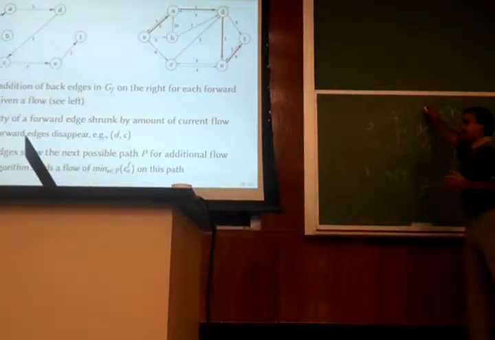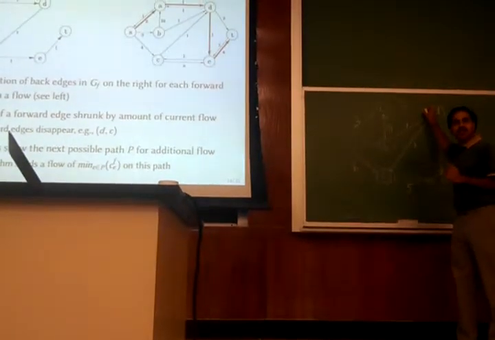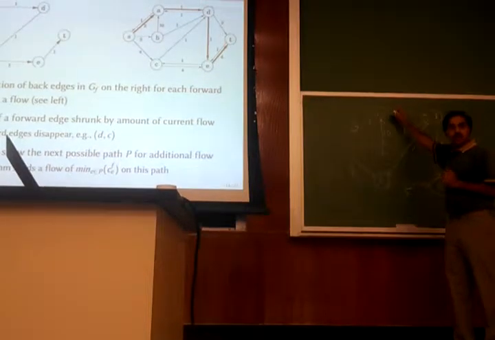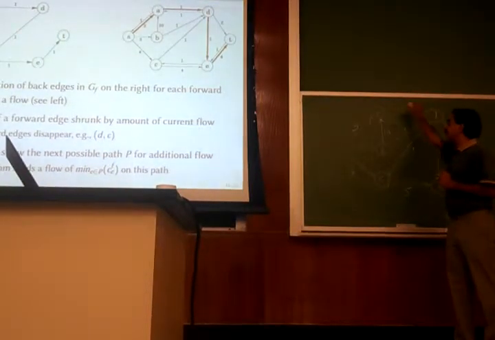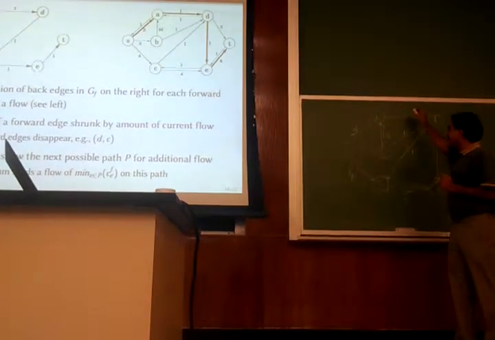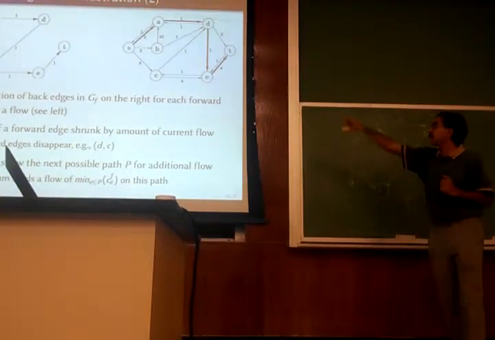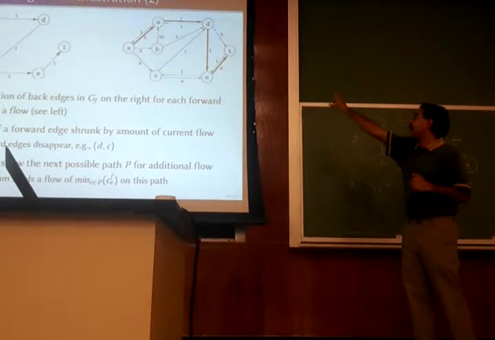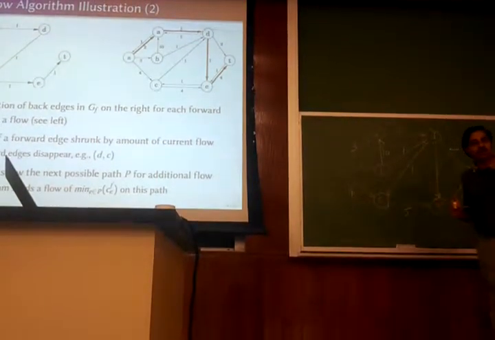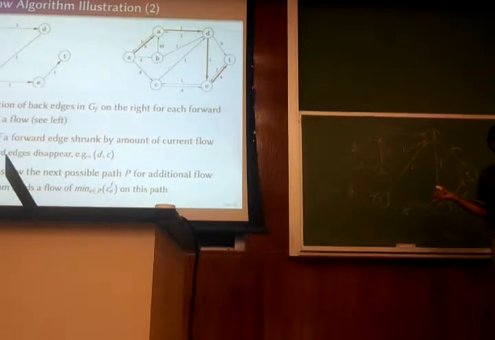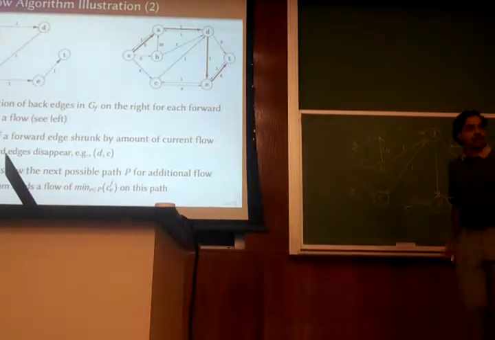And then look at this, right? So this capacity is 2, and then we have already 1 unit flowing, which means that you can add 1 more unit. So the forward edge is 1, and again the 1 can be turned off, so there's a backward edge of 1. Okay, so you'll see that everywhere along the path there is a backward edge of 1 unit. Okay, and the forward edge, the capacity has been decremented by 1, right? So that's what you see on the right hand side.